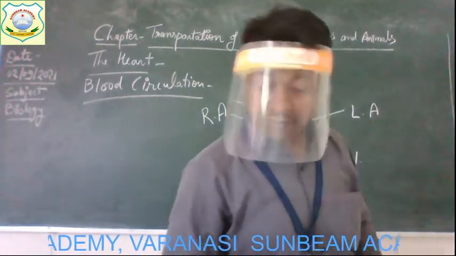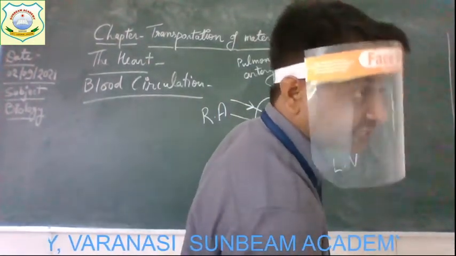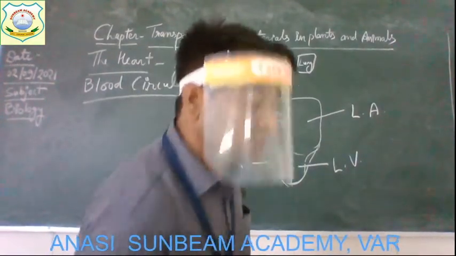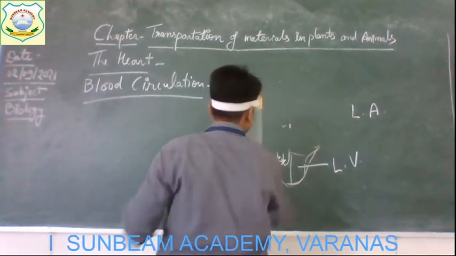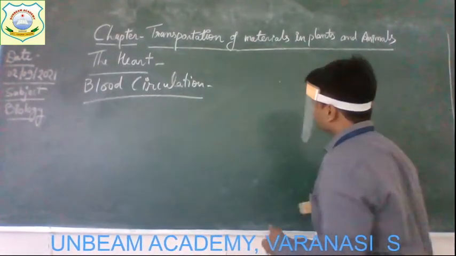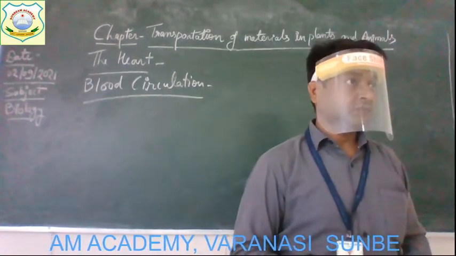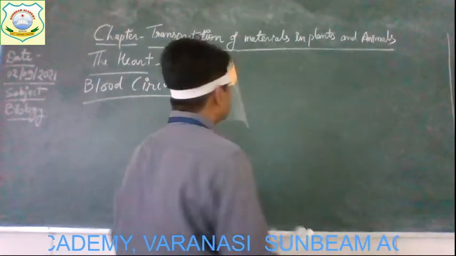Clear? So a diagram is given in your book on page number 136. Look at that diagram. The diagram is very important, as it shows how the circulation of the blood takes place in our body, including the heart and the lungs. The complete diagram is given there.